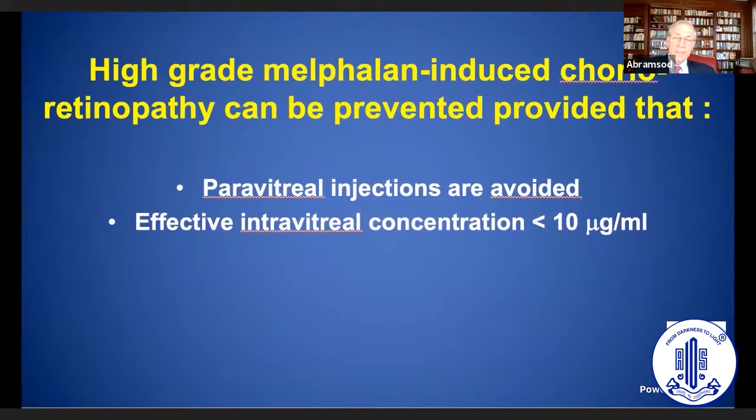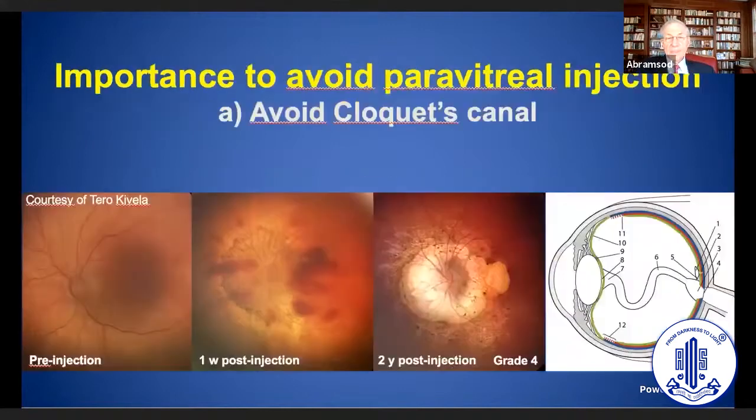One is to avoid paravitreal injections, and secondly, to limit the final vitreous concentration to less than 10 microgram per ml. One thing to avoid is to inject in the Cloquet's canal, as seen in this case, where you had a dramatic toxicity on the macula and the retina at the posterior pole.